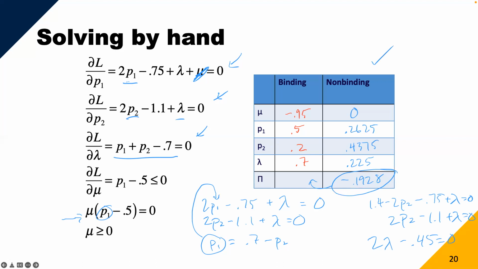Yeah, because we put a -1 in front of the profit. Wait. Yes, that's right, it's more negative. I didn't actually take the time to solve the profit for this, but it's going to be less negative than 0.1928.